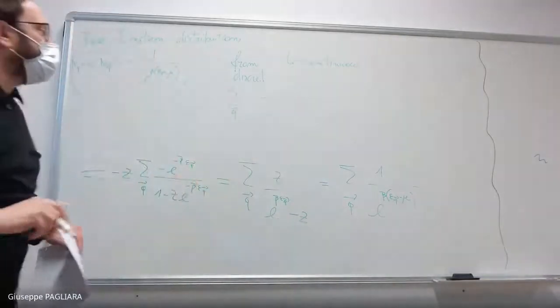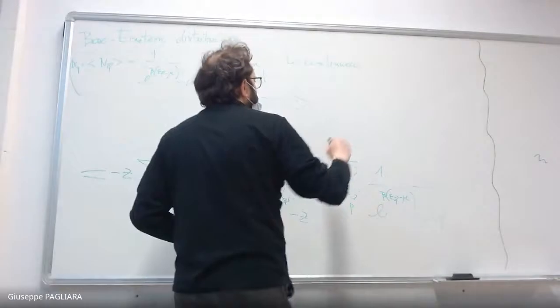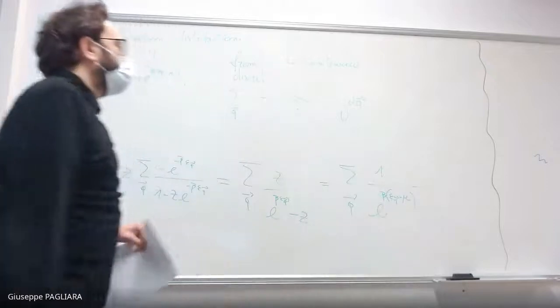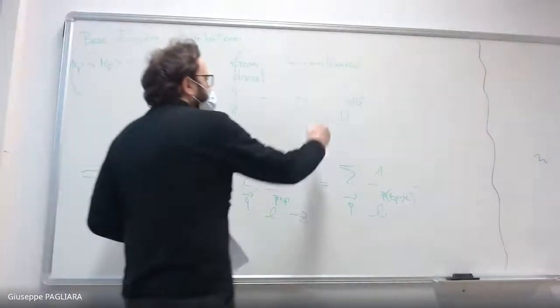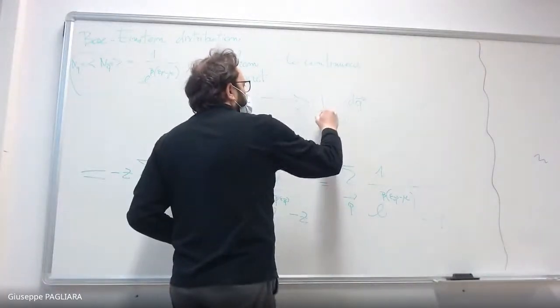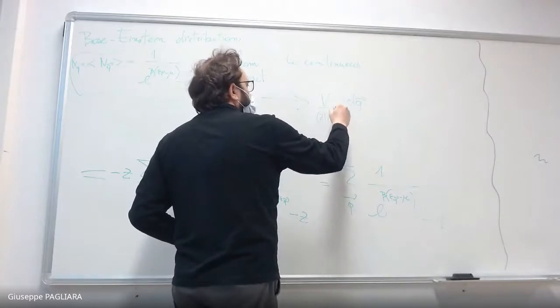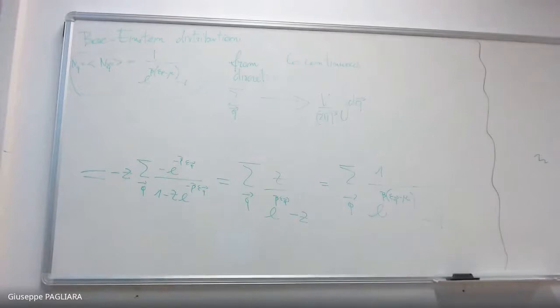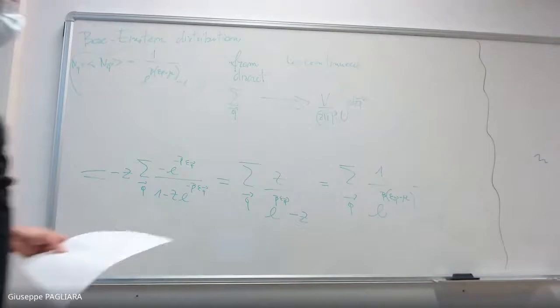We have done this already several times, in which I have to integrate over dq, multiplied by the volume, and divide by 2 pi to the power of 3. Okay, so this we have used also last time. Therefore, if I want to write the average number of particles or the number of particles in terms of an integral, I have to do this.